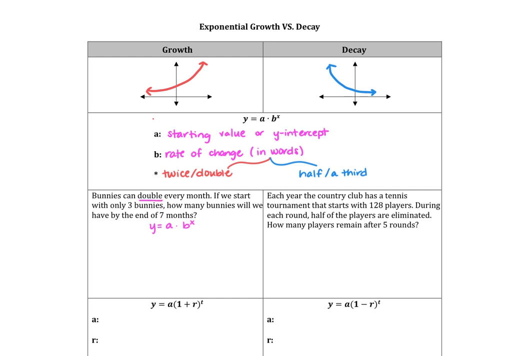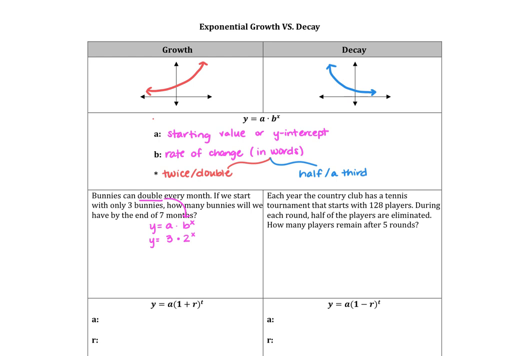I'm going to plug in what I know. Y stays y every time. A is my starting amount. I start with 3 bunnies, so that's going to go in for a. And b is my rate of change. My rate of change is that I'm doubling. If you double, that is an example of 2. My exponent is going to stay x.